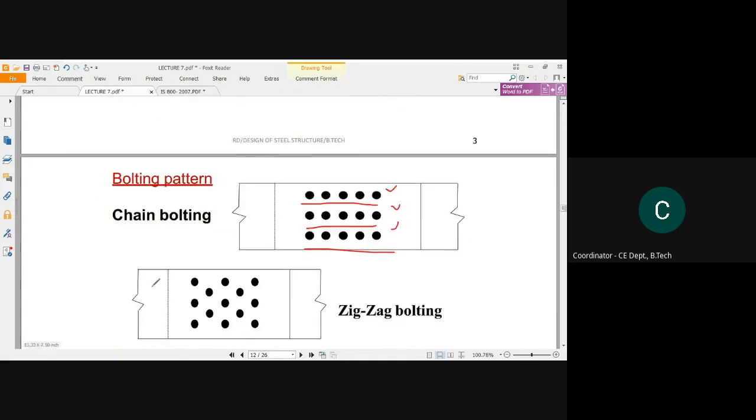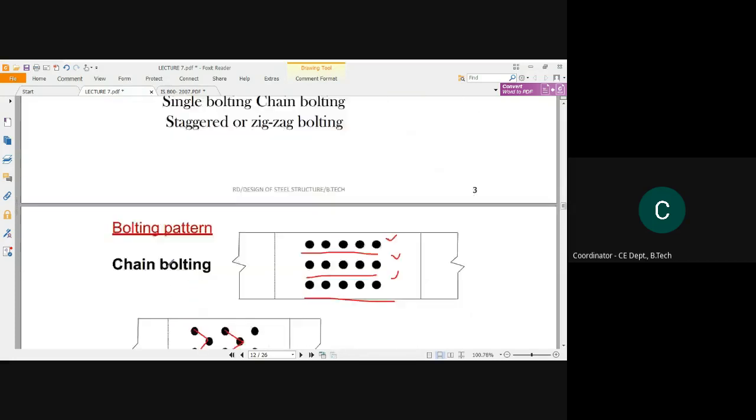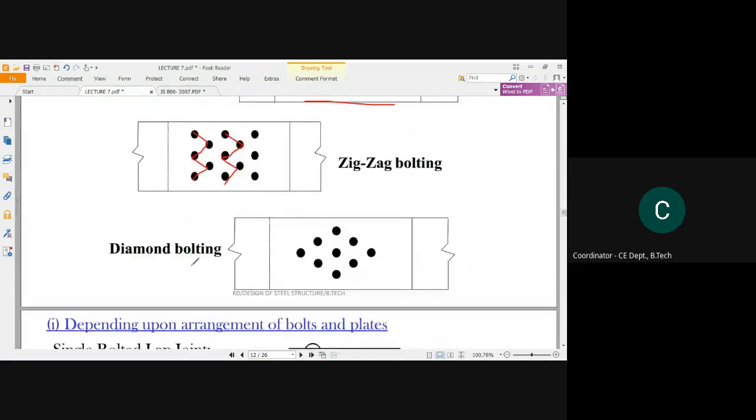See, lap joint means a member which has been overlapped by another member. See, this is the zigzag or staggered bolting. This is a zigzag way of bolting. Okay, so this is a type of zigzag bolting. Now, okay, this is another one.